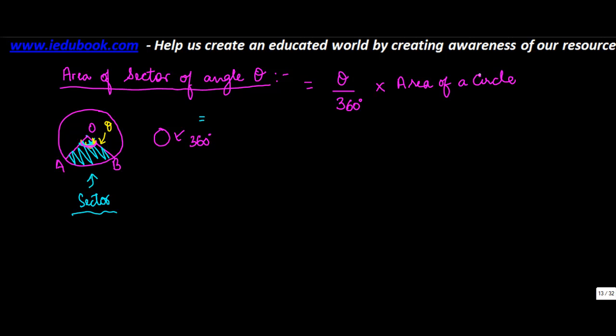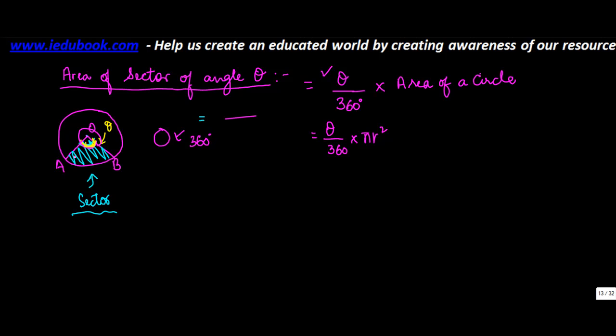So you take the proportionate area of a circle while comparing this theta, which is the angle formed by the sector, vis-a-vis the total angle at the center of the circle. Or in other words, this is equal to theta upon 360 into pi r square. Right?